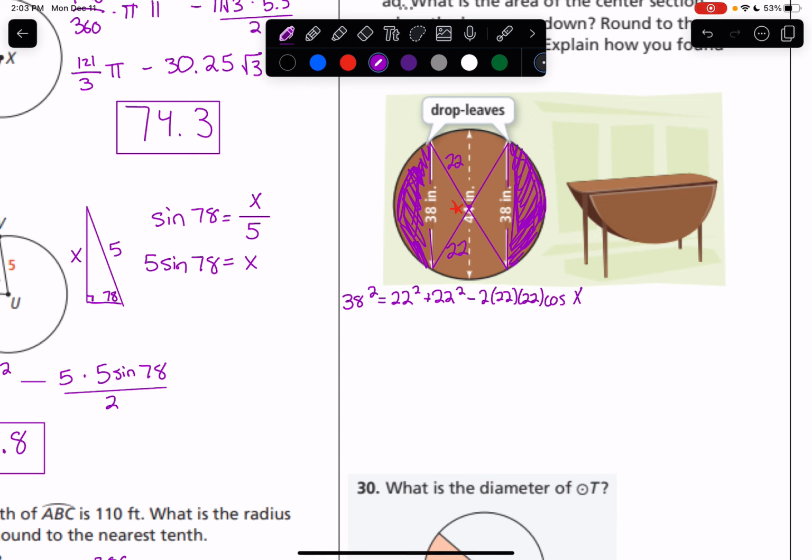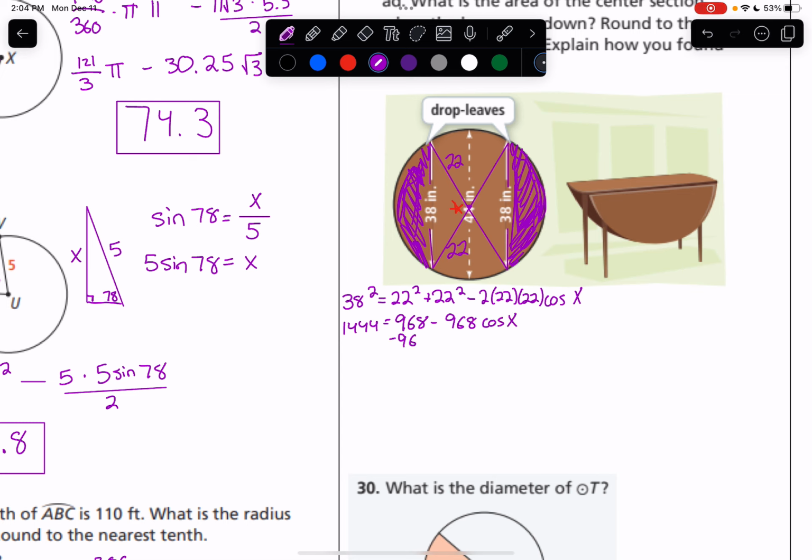We solve this. 1,444 equals 22 squared plus 22 squared is 968, minus 2 times 22 times 22 is also 968 cosine of x.